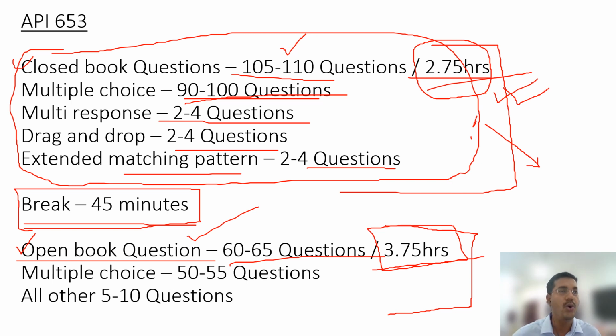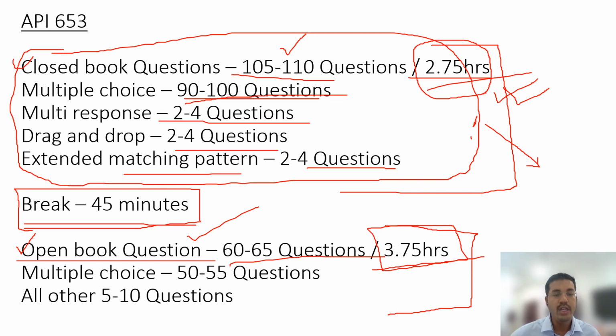In the question, nowhere will it mention which code it is. You have to find that out. It will never mention which code the question is from, but you should know whether it is 650 or 651 or 653 or 577. Then you have to go and search in that code. So that is called open book.